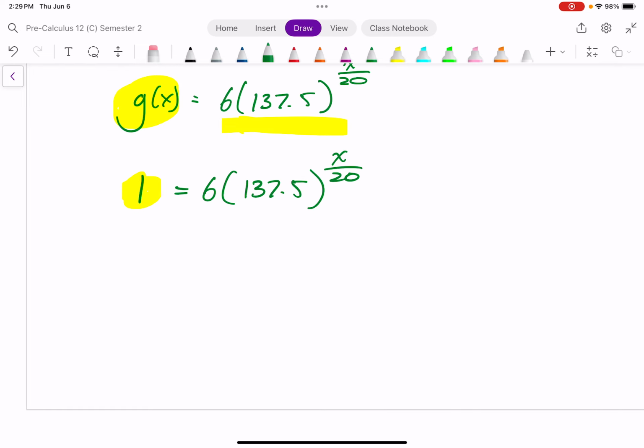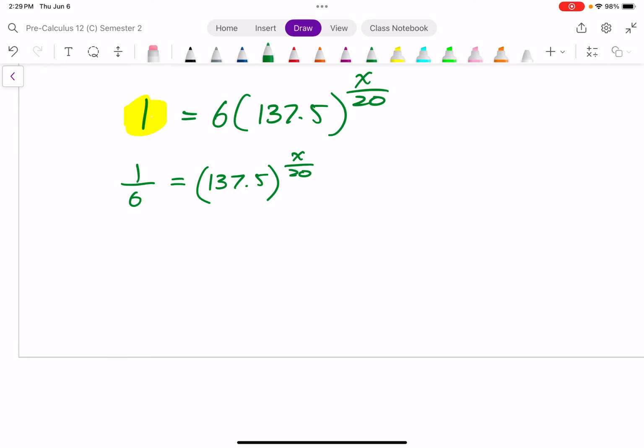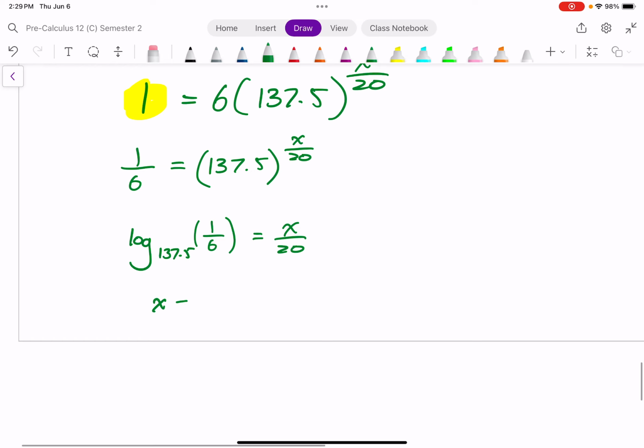Divide both sides by 6. I get 1/6 equals 137.5 to the power of x over 20. I want to put it in logarithmic form, so I get log base 137.5 of 1/6 equals x over 20. Multiply both sides by 20, and I can see x will equal 20 times the log base 137.5 of 1/6.